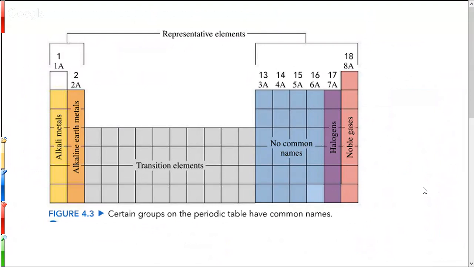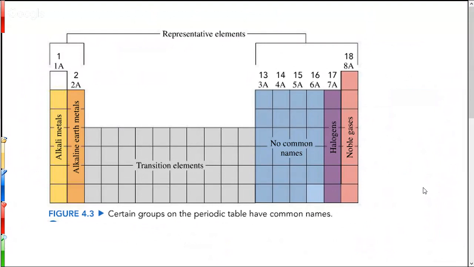And so here are some common names of groups of elements in the periodic table. On the far left, they're called the alkali metals, and that would encompass all of them except hydrogen on the very top. Hydrogen's kind of special. Then next we have the alkaline earth metals. The whole block in the middle is called the transition metals or transition elements. Then you've got this other area that do have some common names, but they're not as popular, so we won't worry about them here.